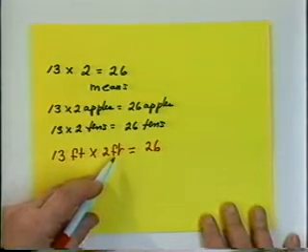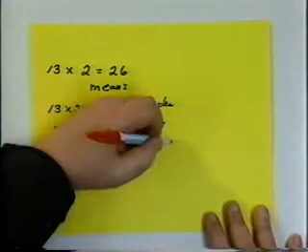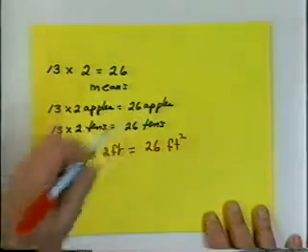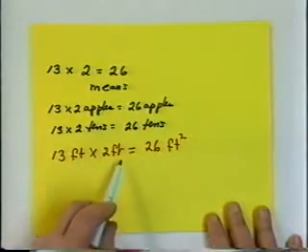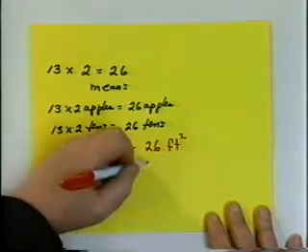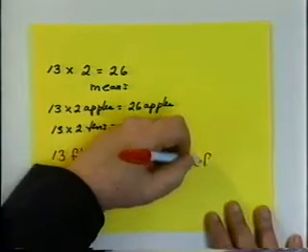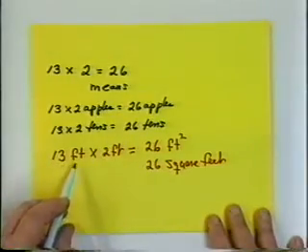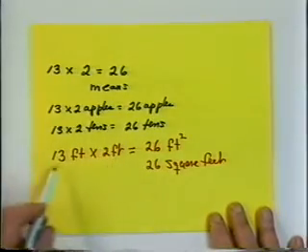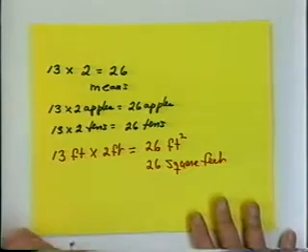See, 13 times 2 is 26, and feet times feet. By the way, this is going to motivate our next lesson, pretty much. It's called square feet. In other words, we're multiplying a unit by itself, and this is written square feet. See, 13 feet times 2 feet isn't 26 feet, it's 26 square feet.